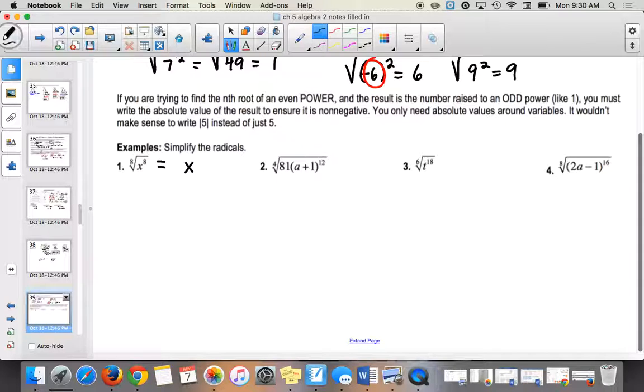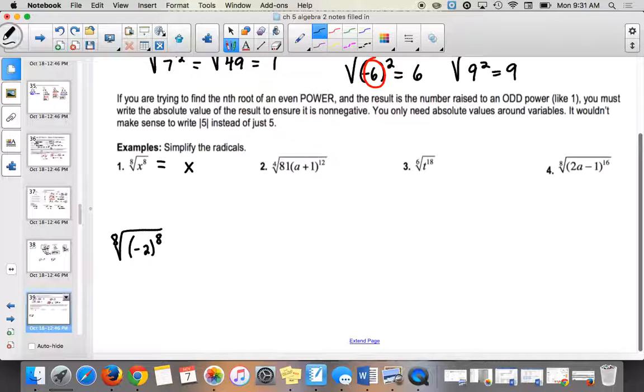Now let's think about it. If I had a negative number in there and I raised it to the positive 8th and then take the 8th root of it, a negative number to the 8th power, will that be positive or negative? Positive. Now when you take the 8th root, you get a positive out, okay? So we want our final outcome to be positive. We don't know what x was.